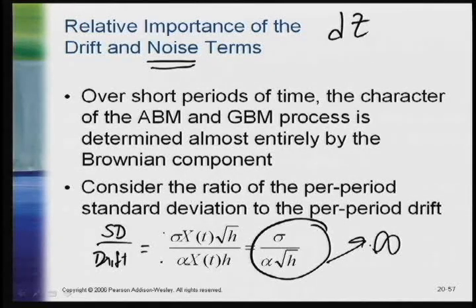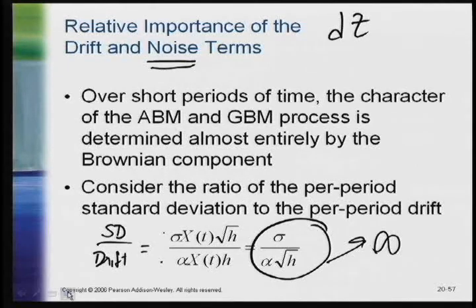When h is big, it looks like the drift is dominating. But as h gets smaller, this ratio going to infinity tells you that the effect of the standard deviation term will grow to be infinitely more influential on how the process behaves than will the drift term.